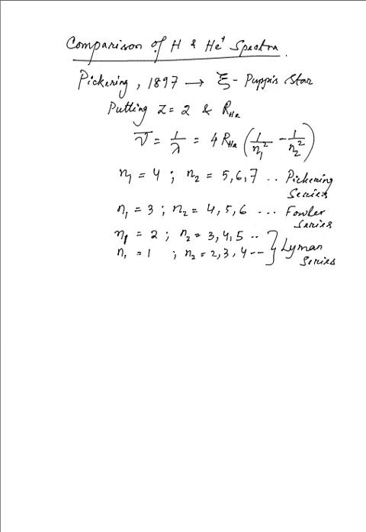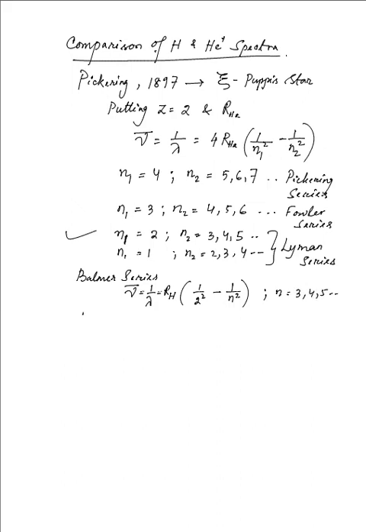Now, with these series available, we draw a comparison with the Balmer series for hydrogen. Remember, these are all for helium, and we take the Balmer series where we use the Rydberg constant for hydrogen, and we have the wave number, which is equal to the reciprocal of the wavelength, and that goes from 1 by 2 squared, which is that for the Balmer series, minus 1 by n square, where n are the higher states, that is 3, 4, and 5, and so on.